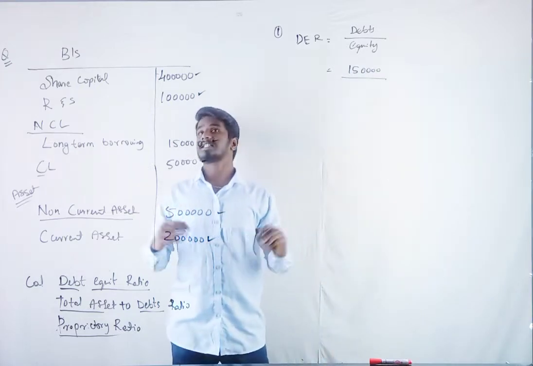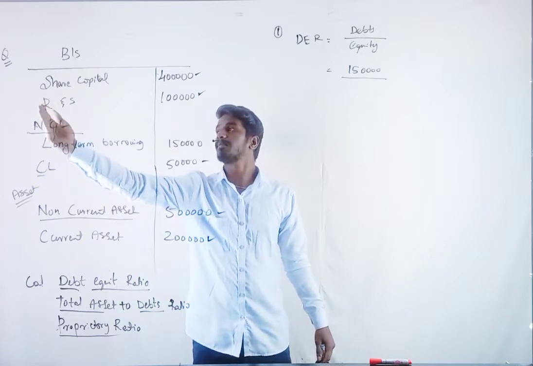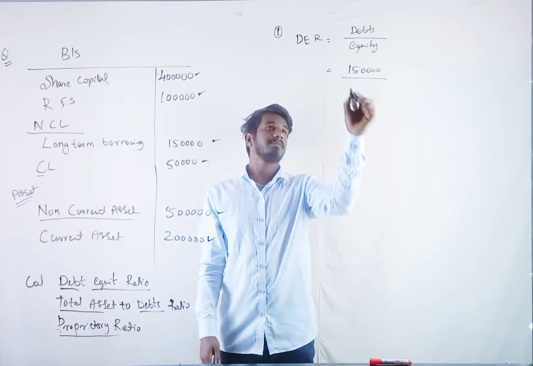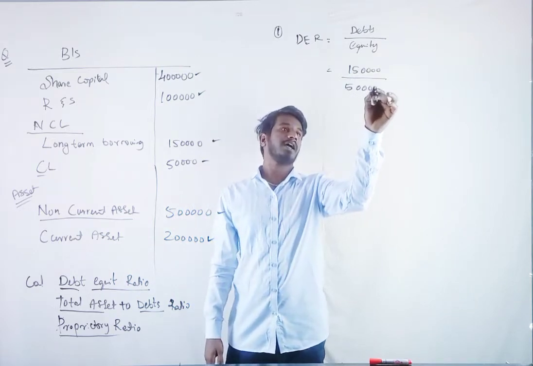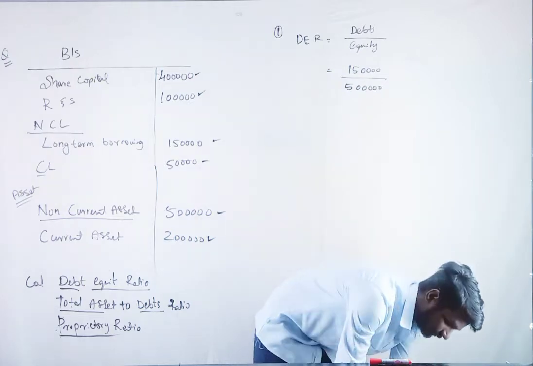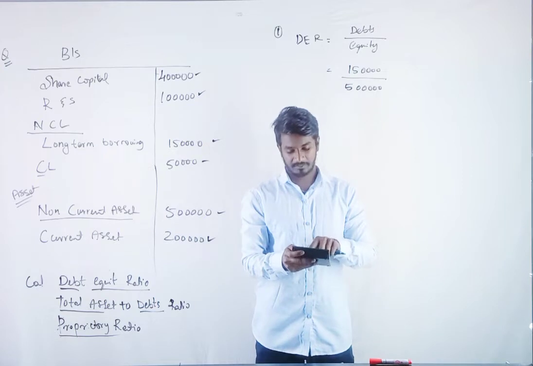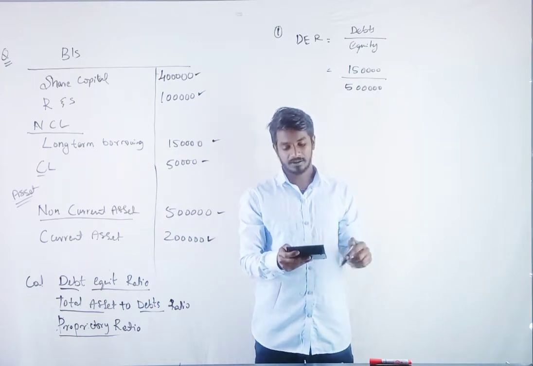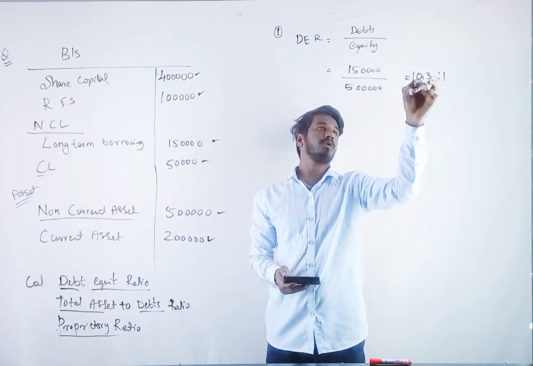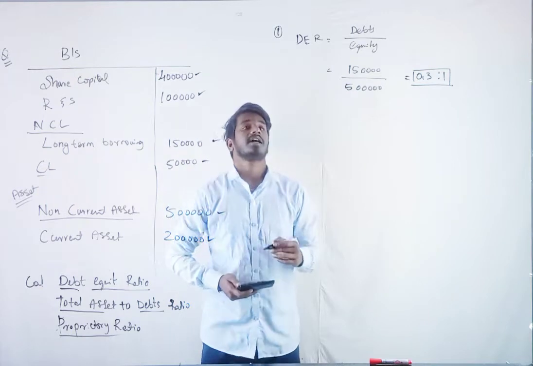How much equity is there? Share capital plus reserves and surplus, total becomes 5 lakh. 1,50,000 divided by 5 lakh comes out 0.3 is to 1. Is that correct?